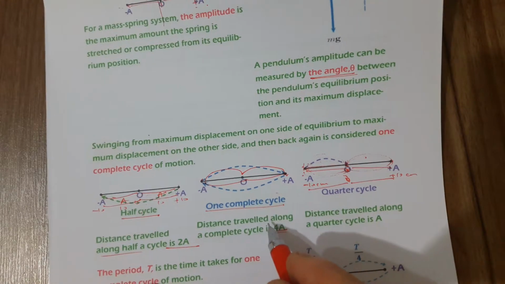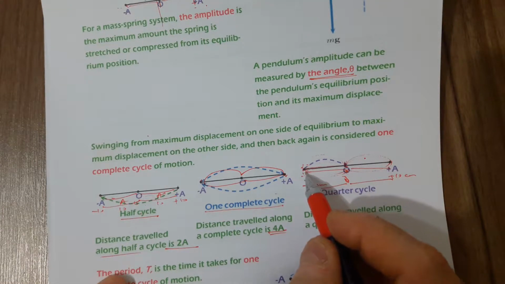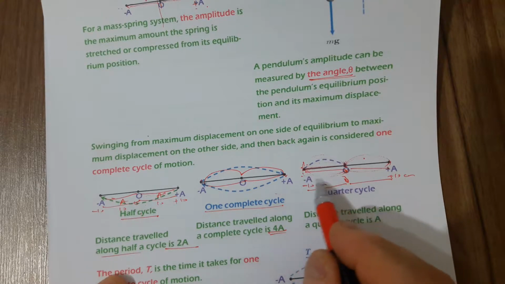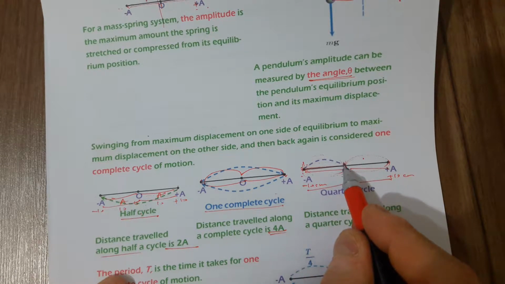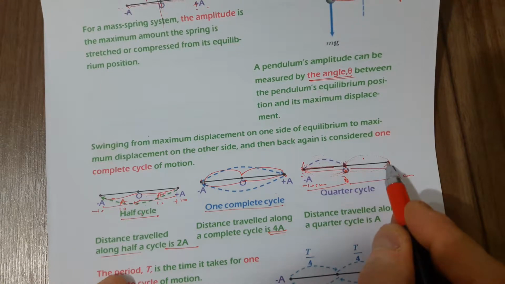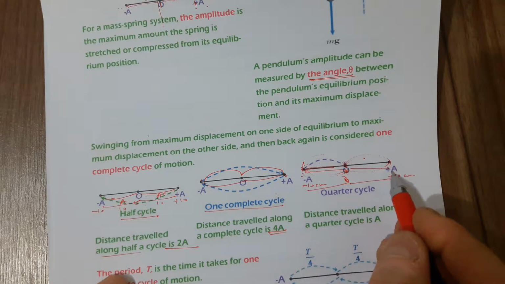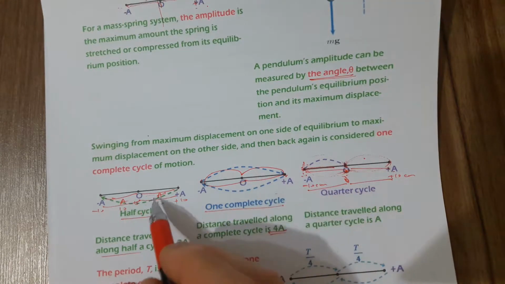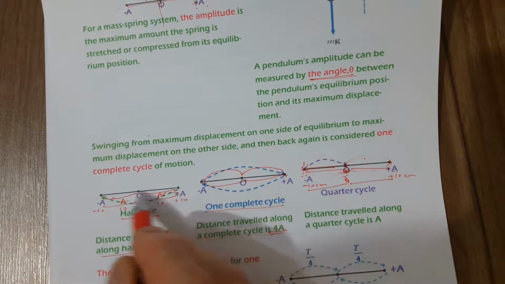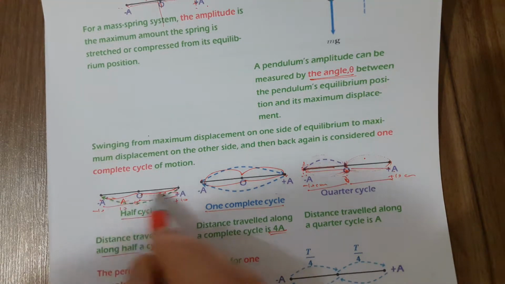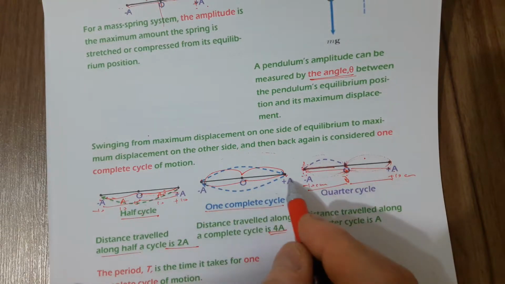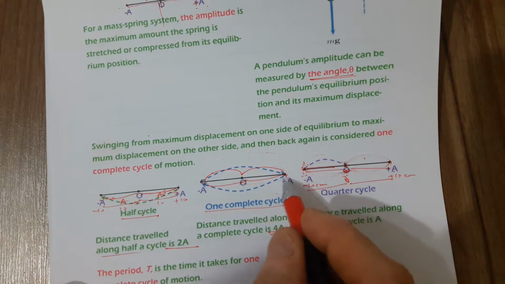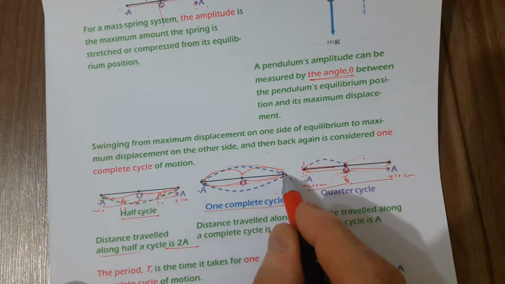But displacement is different from distance. For a quarter cycle, from A to 0, the displacement is A. From 0 to A, again A. So the measure of displacement from A to 0 is again A, and from 0 to A, again A. But for a half cycle, the displacement from A to negative A is A plus A, that is 2A. For a complete cycle, the displacement is 0, because the object is turning back to the original position.